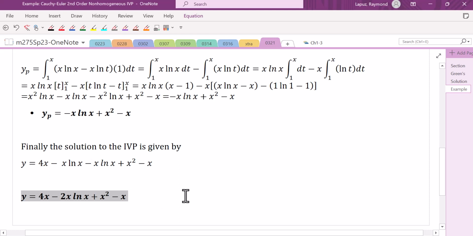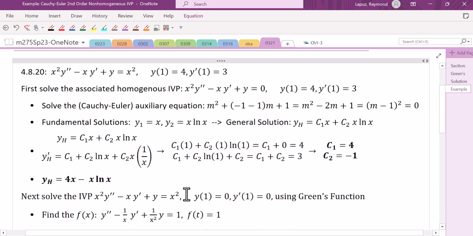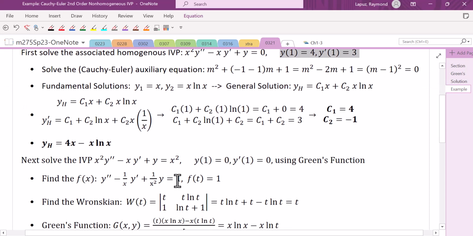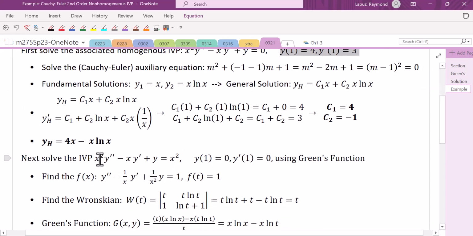All right, I hope that helps. And just a quick summary, a rundown. We solved for the associated homogeneous equation, which actually uses the initial value conditions. To use Green's function, we solve for the non-homogeneous differential equation, but our initial conditions change to just have that equal to 0.